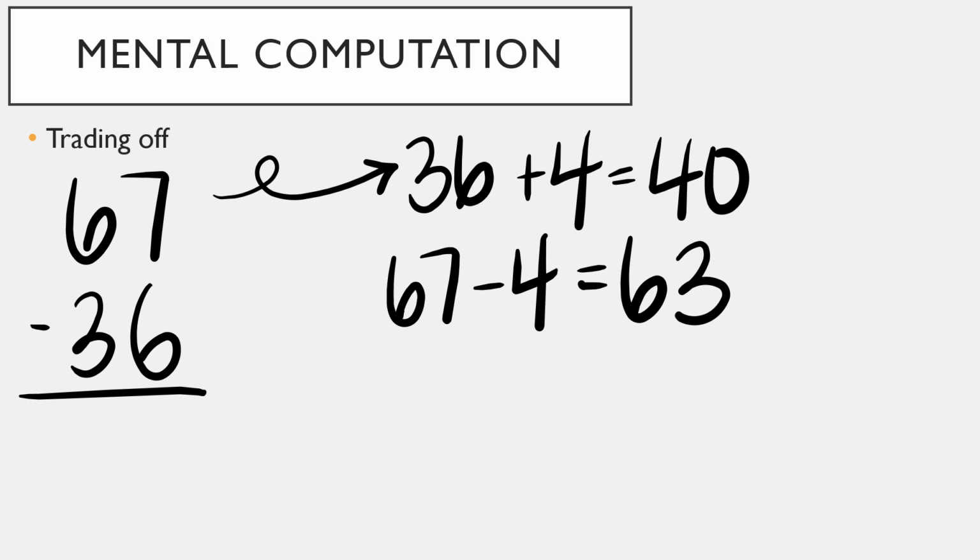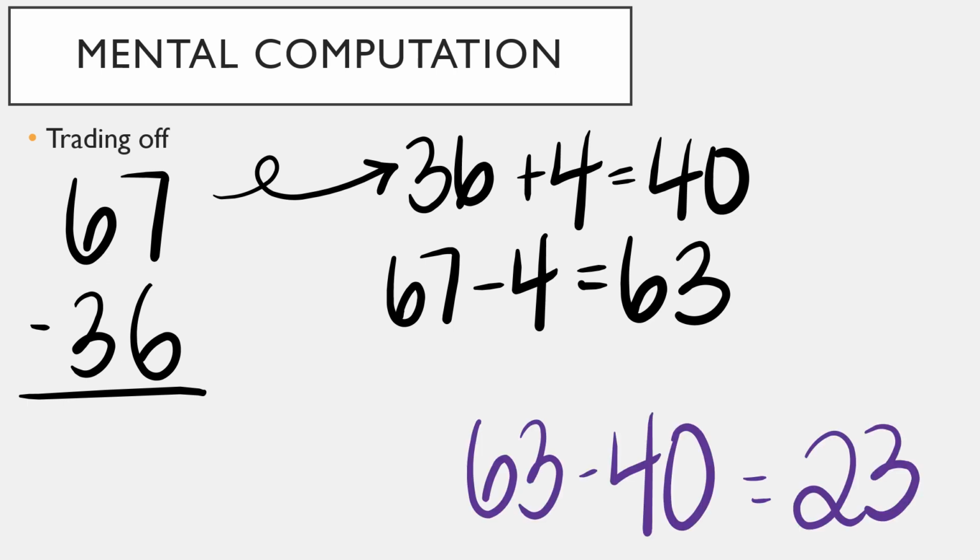Then we take our minuend, and trade off and subtract 4. That gives you 63. Then we can easily subtract those two. 63 minus 40 is 23. With addition, it didn't really matter which addend you made end in 0, but with subtraction, it is important. You always want to make the subtrahend end in 0.